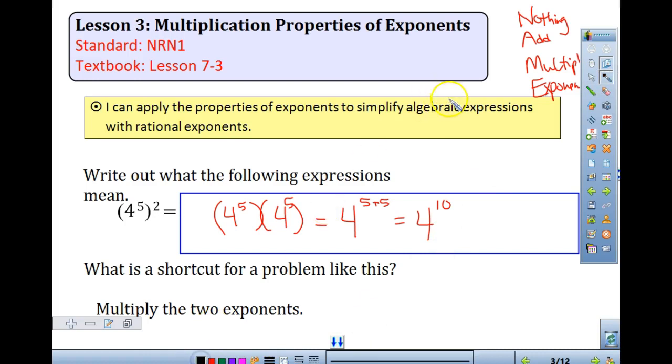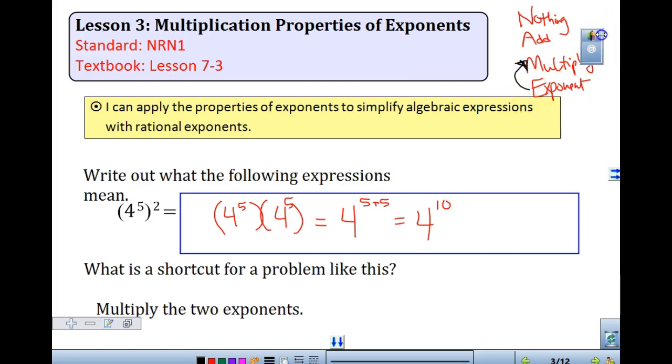When you have an exponent raised to an exponent, what do you do with the 2 exponents? You multiply. So anytime I have an exponent raised to another exponent, you should multiply the 2. If I am multiplying, like today, what did you do to the exponents? You add them.